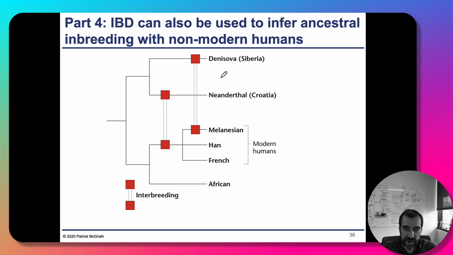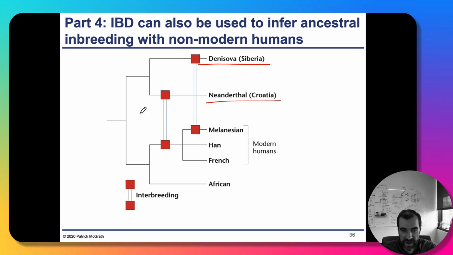And then this approach can also be used to infer ancestral inbreeding with non-modern humans. Because the allele frequency graph in Denisovans and Neanderthals is very different from the human allele frequency distribution, scientists have been able to recognize that in human evolution, during the spread of humans out of Africa to different geographical parts of the world, they encountered these other human populations and bred with them and hybridized with them.